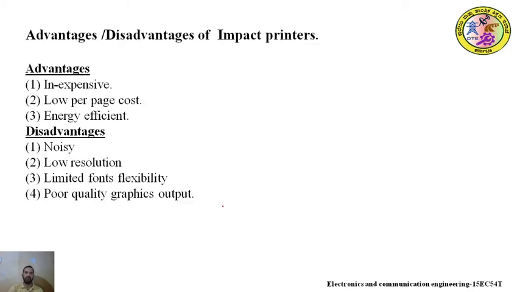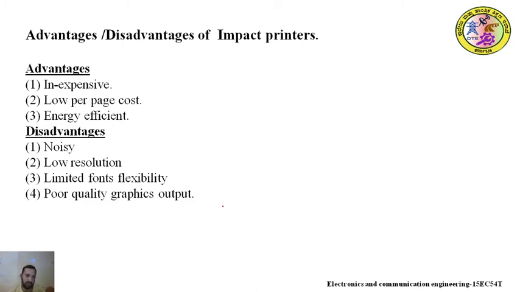Now we will see the advantages and disadvantages of impact printers. Advantages: these are obviously inexpensive, with low cost per page. Printing a page takes very little cost, and these are energy efficient printers.